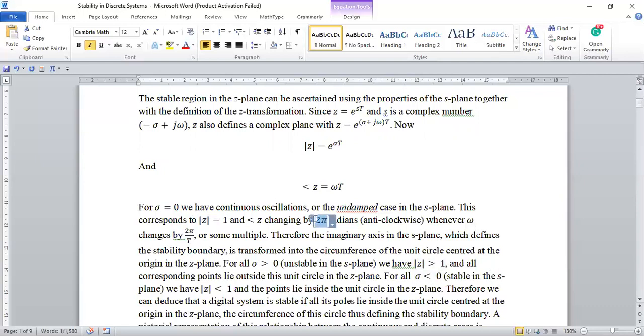If the modulus of z is equal to 1, that's the region of marginal stability. In continuous time, sigma equal to 0 is marginal stability, but in the Z-plane, the modulus of z equal to 1 is the region of marginal stability.